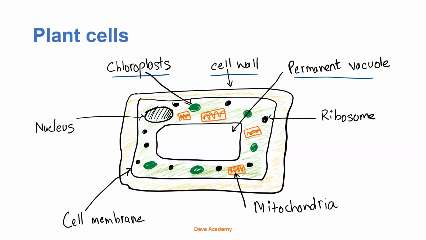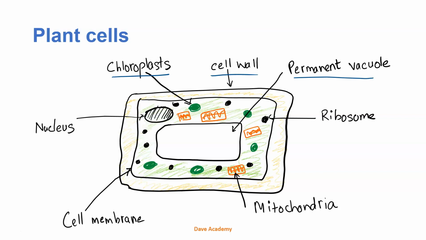Now, could you highlight some of the similarities and the differences between the plant and animal cells? Well, as I already said, the plant cell has all the bits of the animal cell plus three extras: the cell wall, the permanent vacuole, and the chloroplast. So even in the plant cell, we have respiration taking place, so we have the mitochondria.